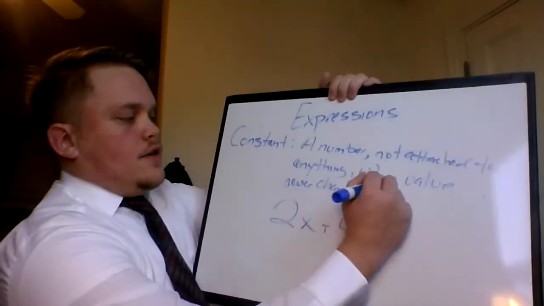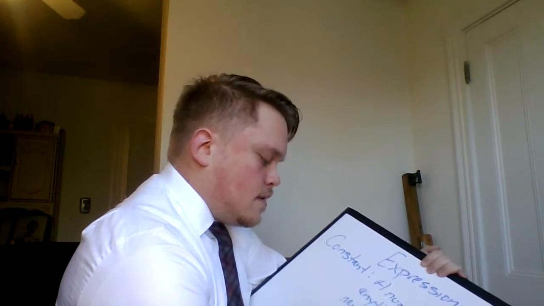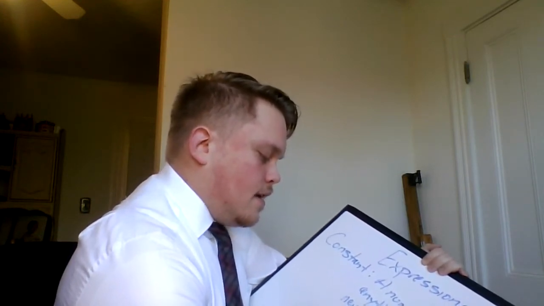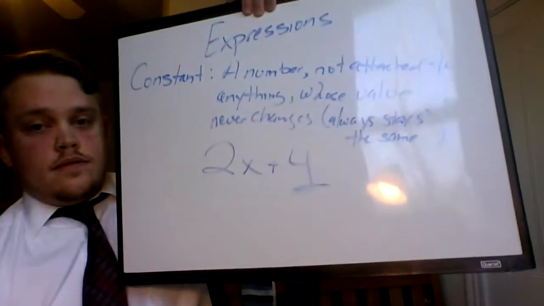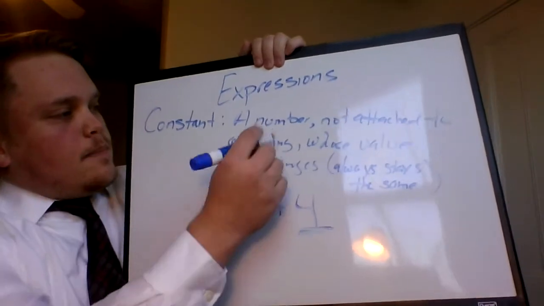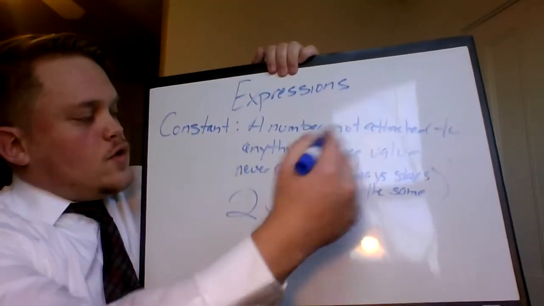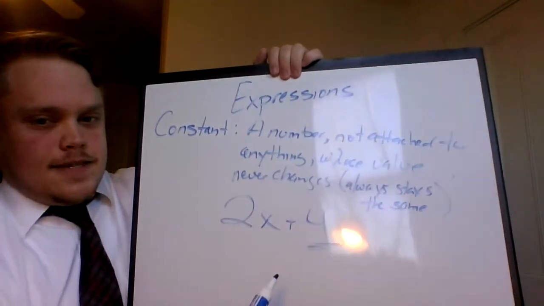Or, in other words, always stays the same. Make sure you write this down now. A constant is a number that's not attached to anything whose value never changes. Or, in other words, always stays the same.